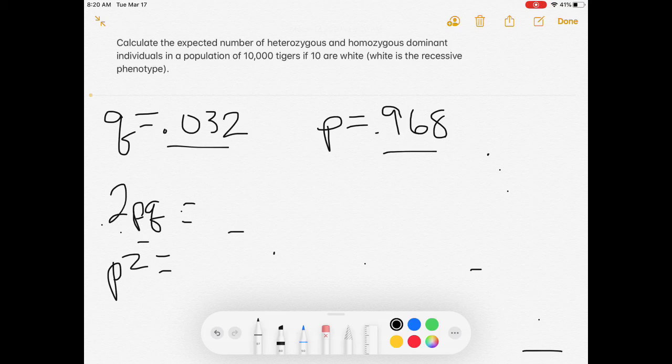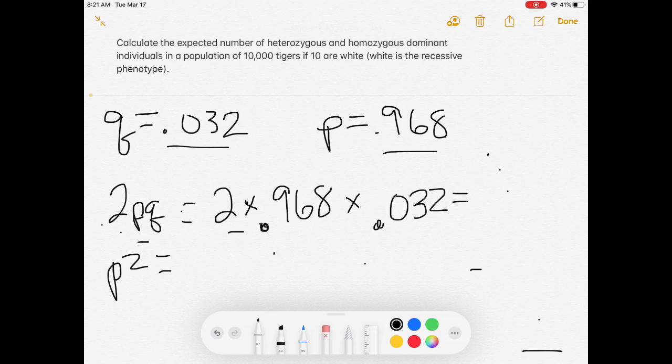So what we do is we do 2 times our p, which is 0.968, times our q value, which is 0.032.